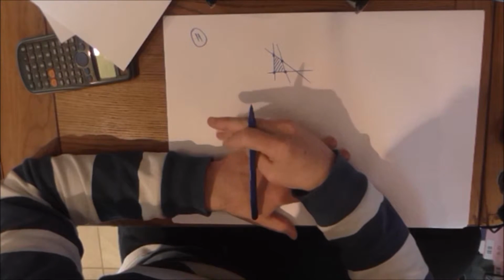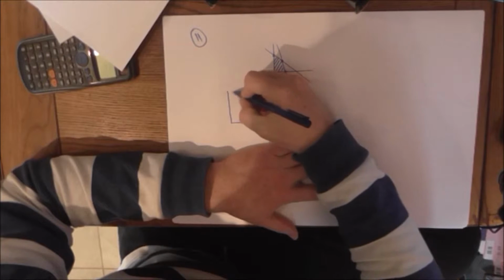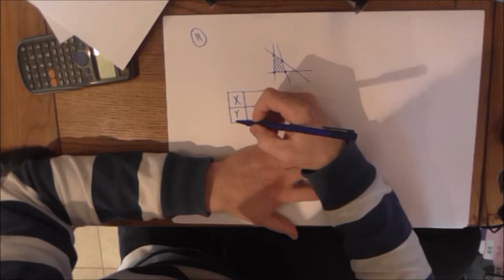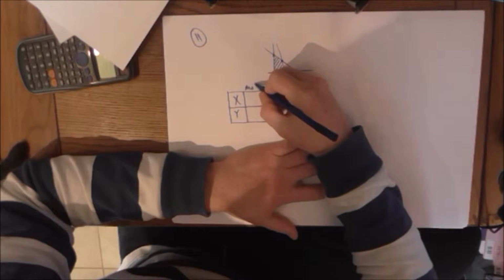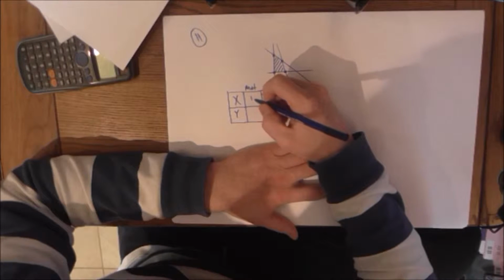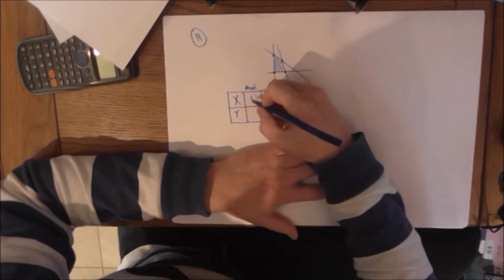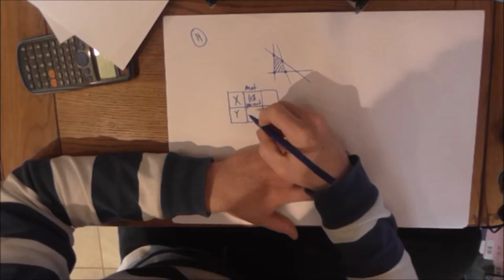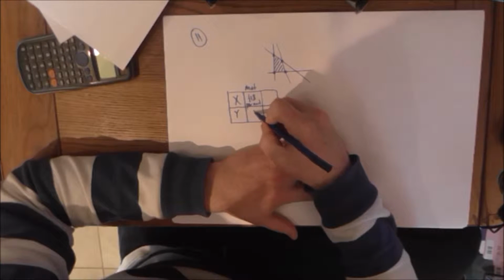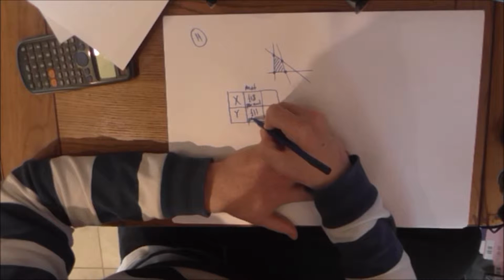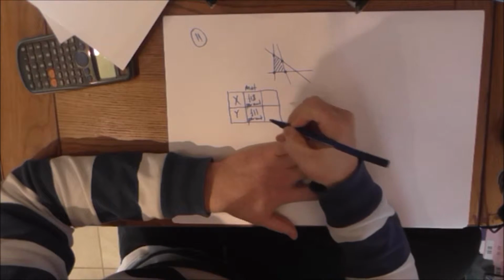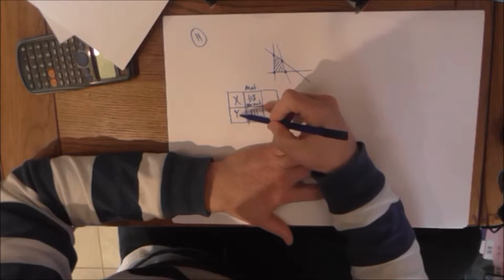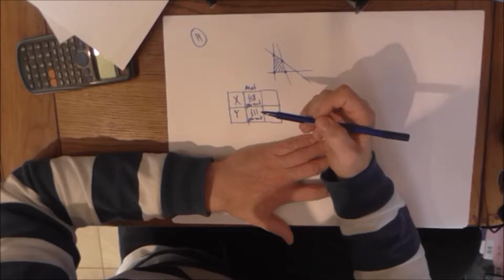A small factory makes 2 types of components. I usually use a table to digest this information. So there's type X and type Y. The materials cost £18 per unit for X and £11 per unit for Y. Now note that X and Y are just general abbreviations for the 2 types of components.